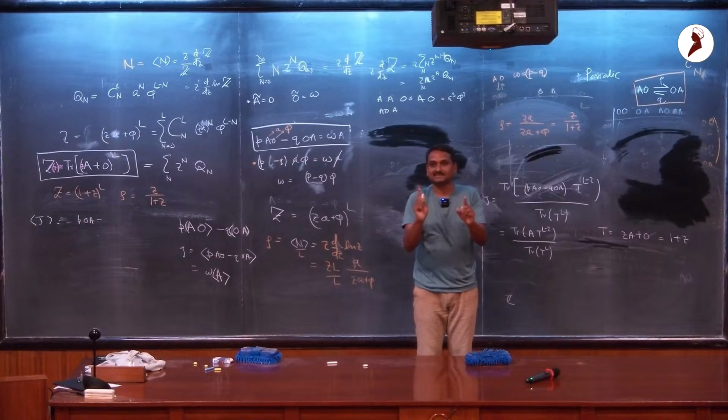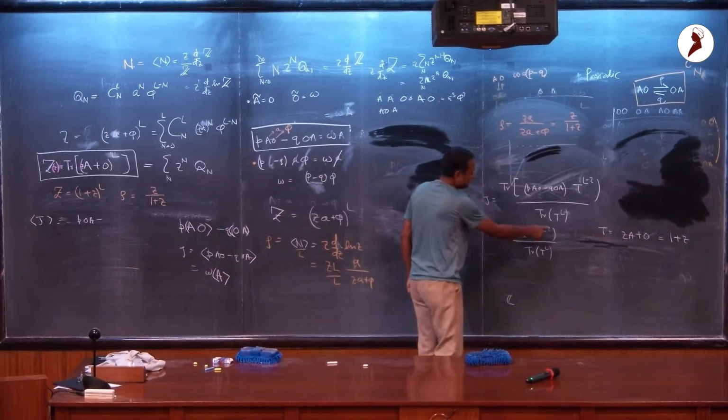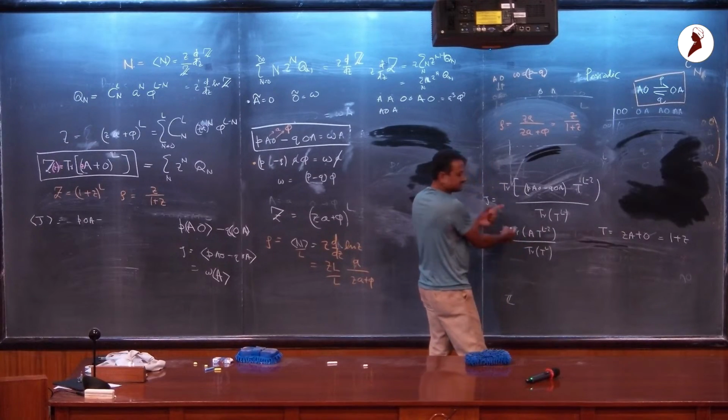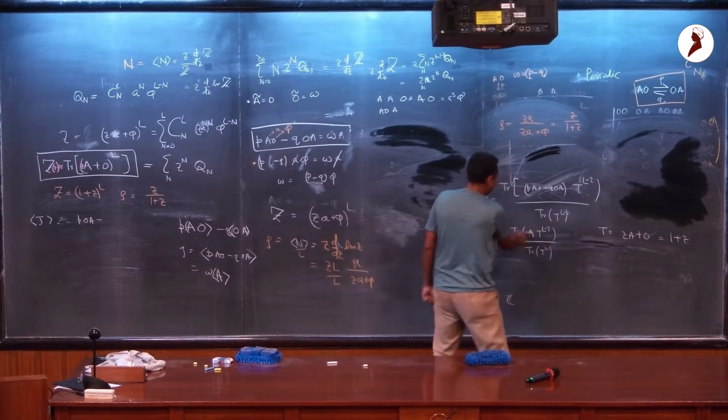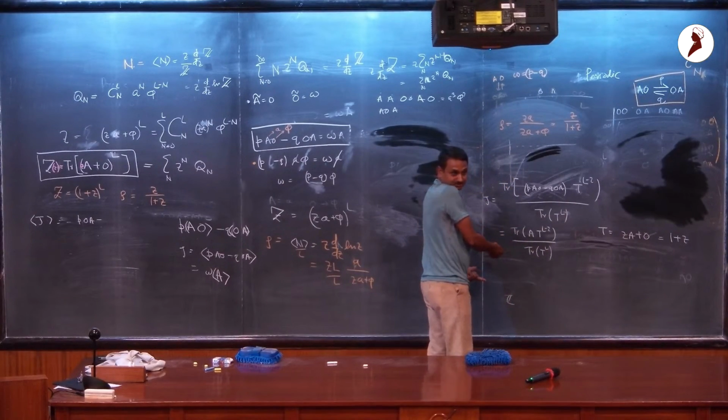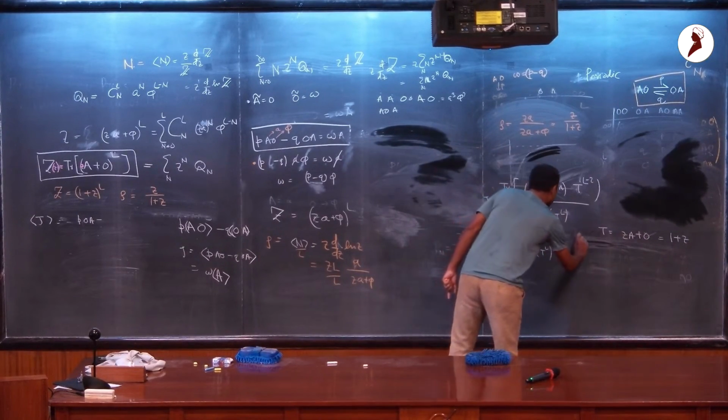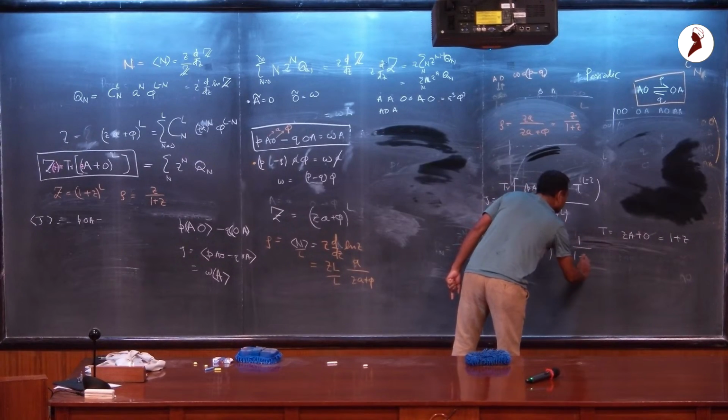Are you with me? Okay, so then this is T to the power L. This is a scalar, so the trace doesn't matter. So let us write it. A is just 1 because in this scalar representation I am putting it as 1. So this is 1 by 1 plus Z whole square.